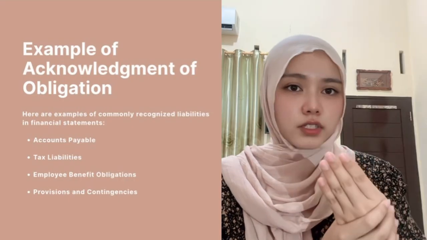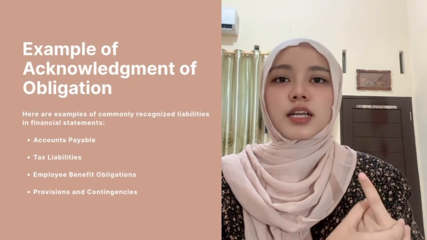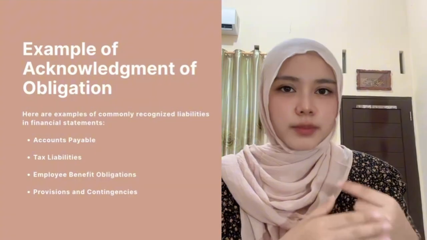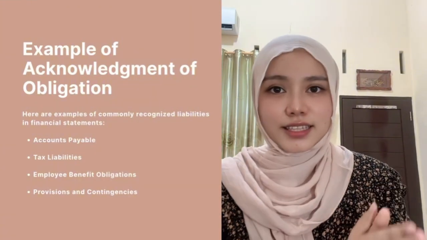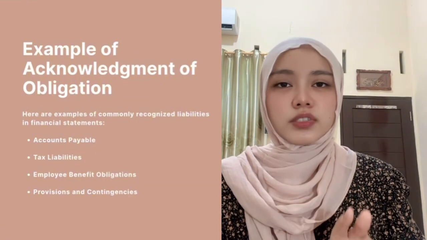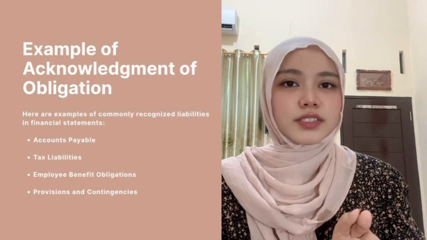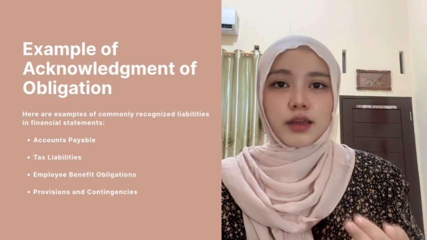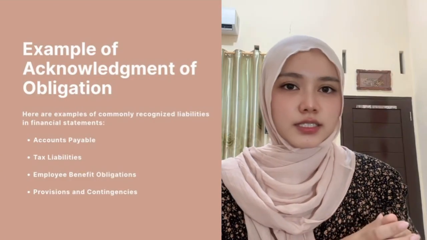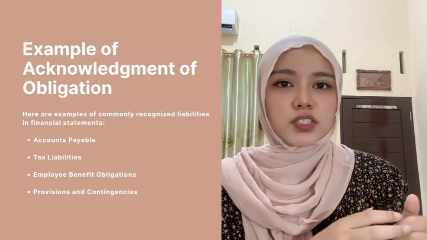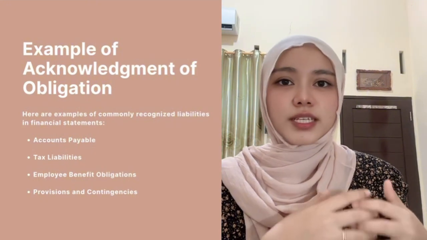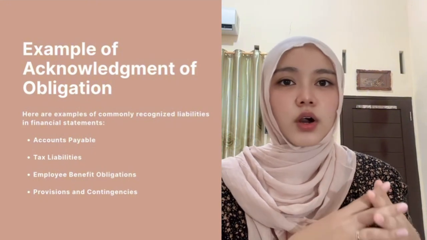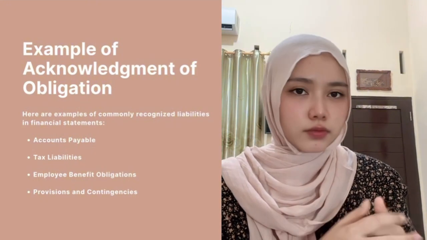There are four things. The first one is accounts payable. Accounts payable is recognized when an entity receives goods or services from suppliers but has not yet made payment. And number two is tax liabilities. Tax liabilities are recognized when a tax obligation arises based on applicable regulation.